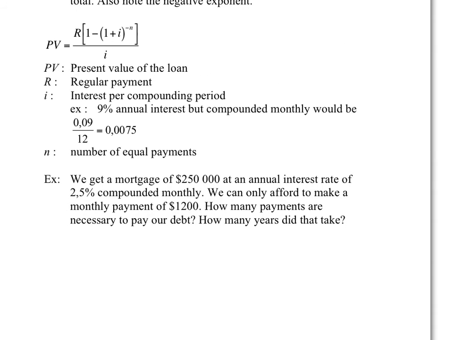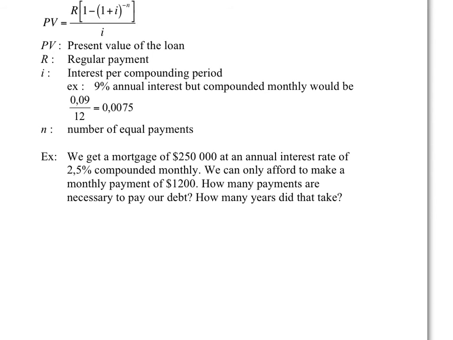Okay, well, let's first find out how many payments we need to make if our monthly payment is only $1,200. So our present value of our loan is $250,000. Our payments are $1,200. And then you have 1 minus 1 plus i, and again, i is 0.025, our yearly rate, divided by 12 because it's a monthly compound interest.